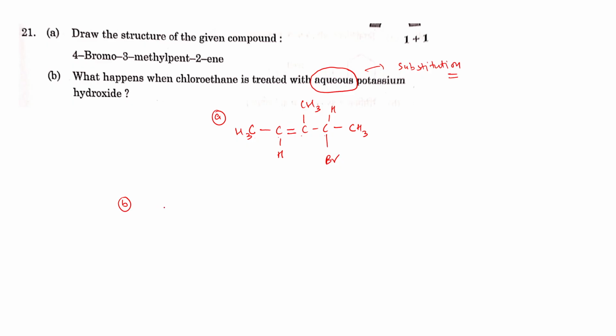So it will directly substitute. So we have chloroethane, CH3CH2Cl, and since it is aqueous KOH, directly this OH will replace the Cl, and we will get CH3CH2OH plus KCl. This is the product. This type of reaction is called nucleophilic substitution reaction.